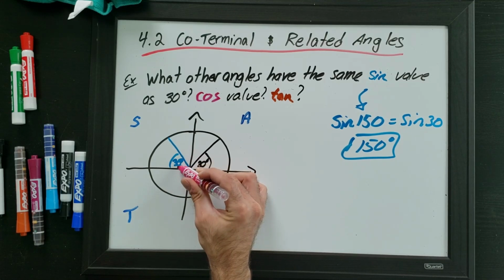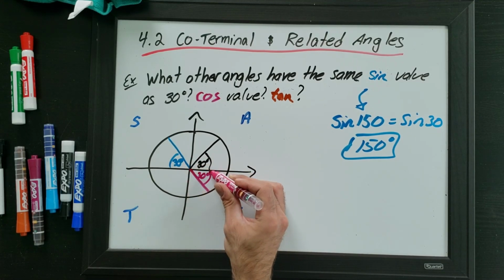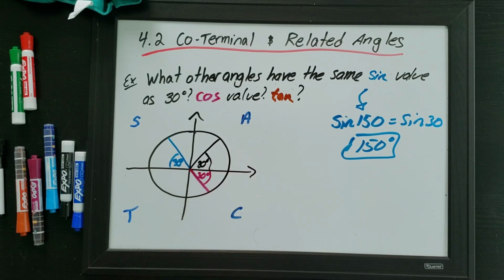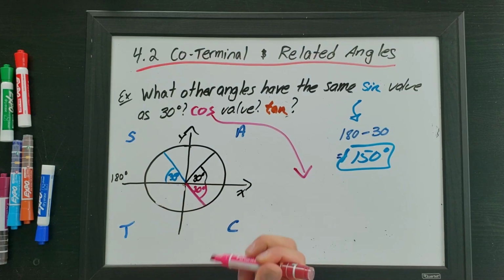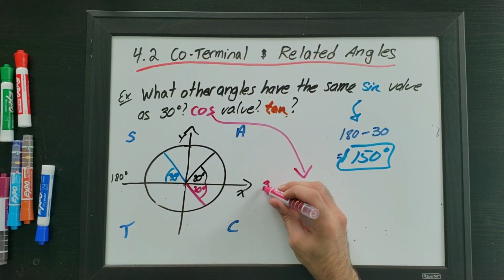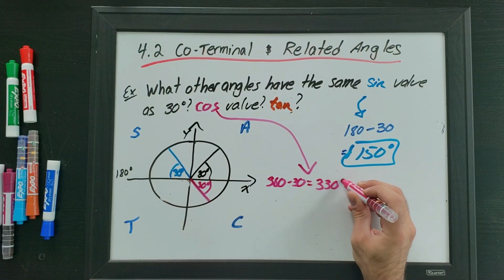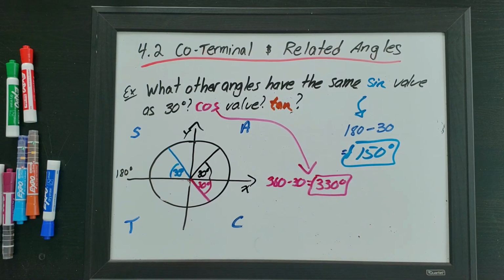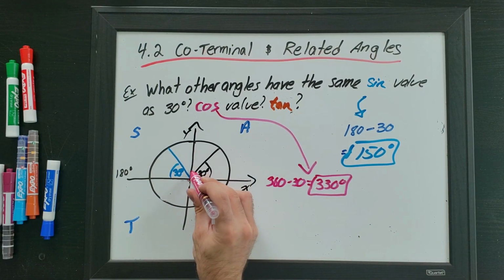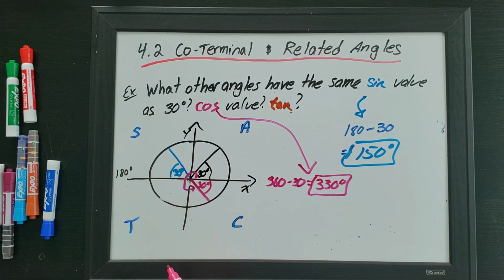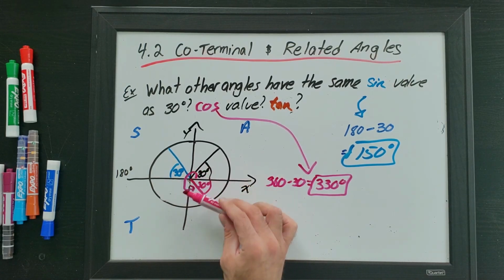Well, if I rotate all the way around, it's really 30 away from 360. Okay, we can subtract those. 360 minus 30, and this is 330 degrees. So this angle in starting position is 330 degrees. But we used the related angle to figure that out.